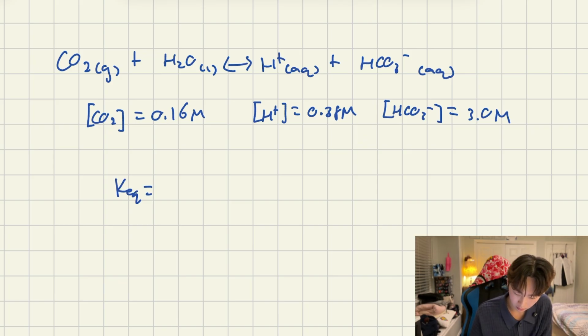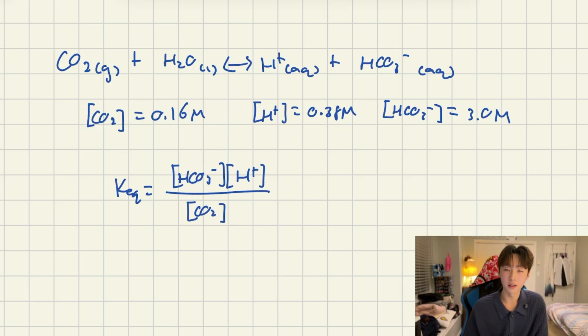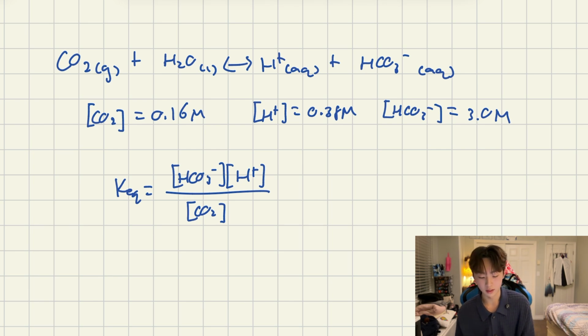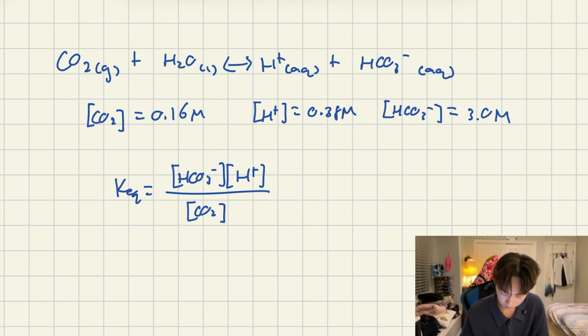So that's going to be the concentration of our products, HCO3- times concentration of H+, divided by our reactants. So we have concentration of CO2, and we don't write the concentration of H2O because it's a liquid and there is no concentration.